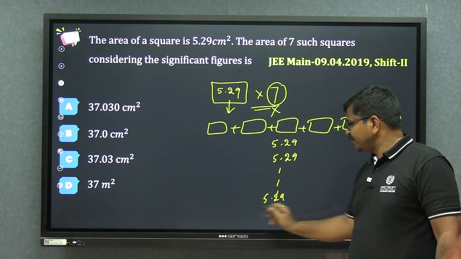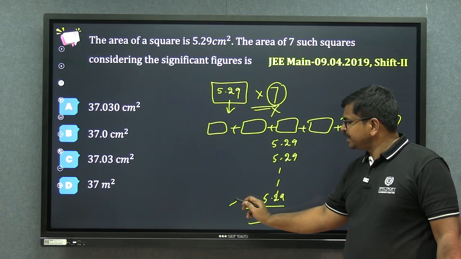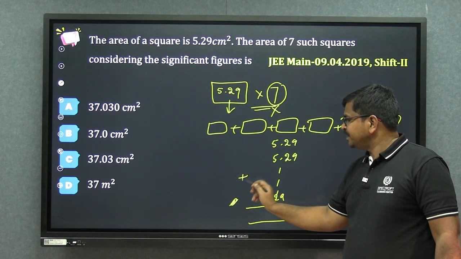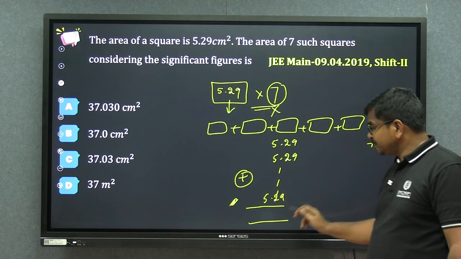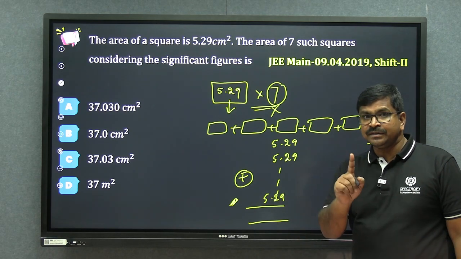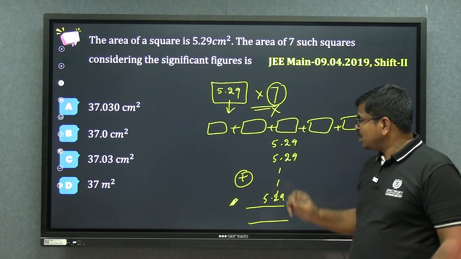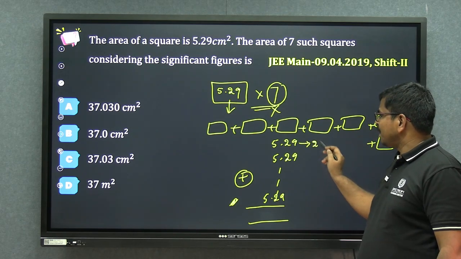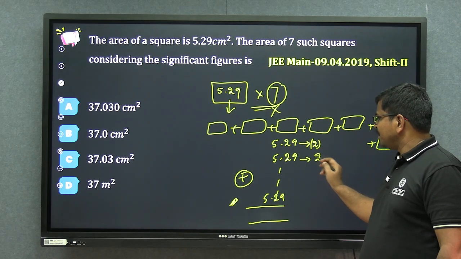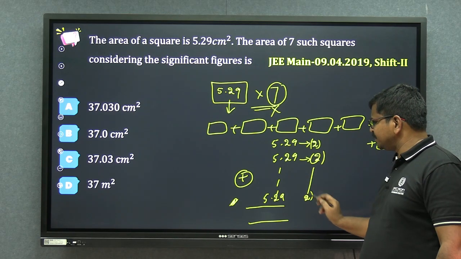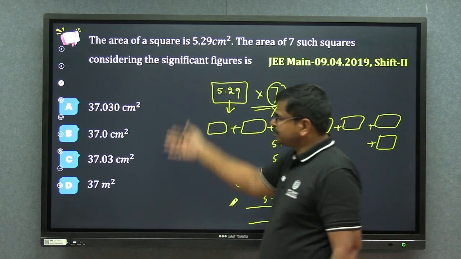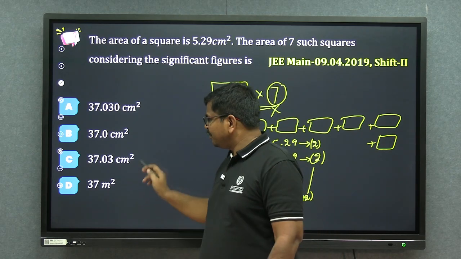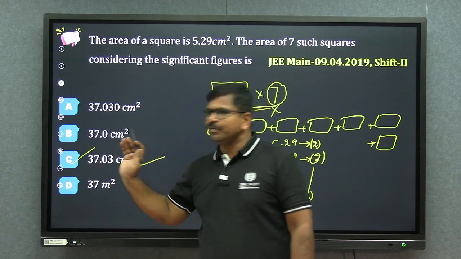In addition operation, which is the rule? The result should be reported with the least decimals. So how many decimals are here? 2. How many decimals are here? 2. All have the same number of decimals, so the result also will have the same number of decimals. How many options are there with 2 decimals? Only one option, and that is going to be your answer.